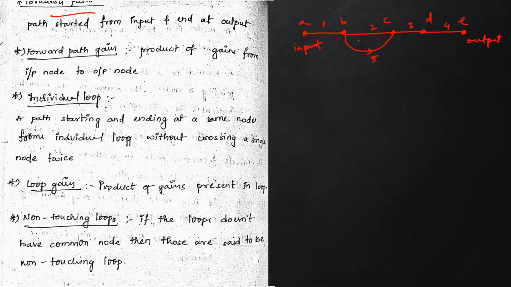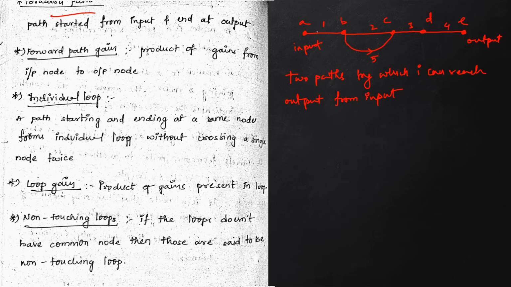Here, if you see, there are two paths by which I can reach the output from the input.